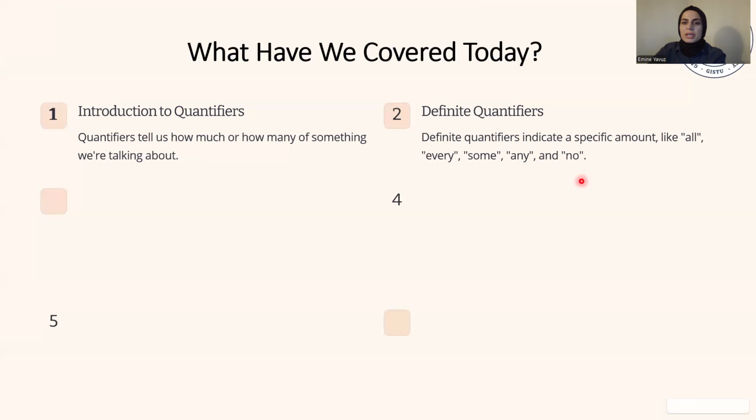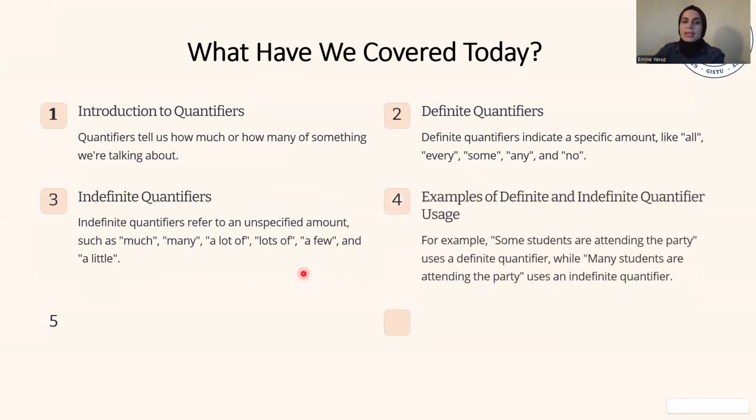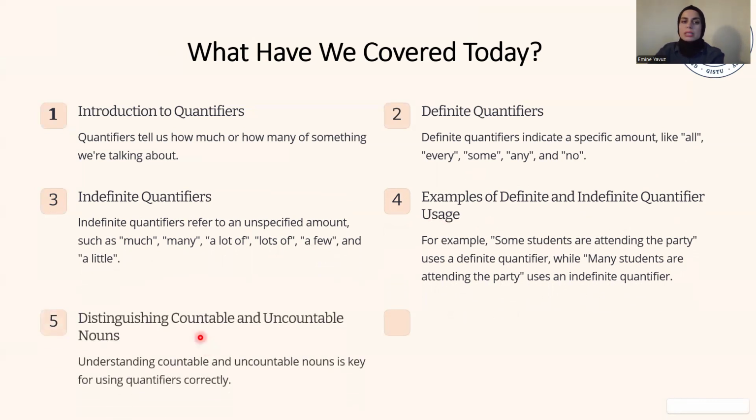Definite quantifiers indicate a specific amount, like all, every, some, any, and no. And indefinite quantifiers are unspecified amounts, like much, many, a lot of, lots of, a few, a little. And examples of definite and indefinite quantifier usage with the noun types, countable and uncountable nouns.